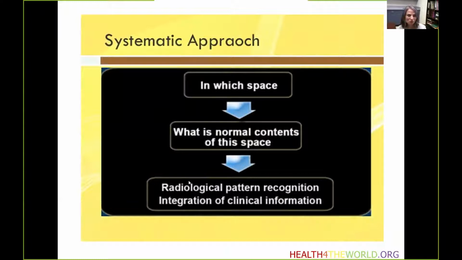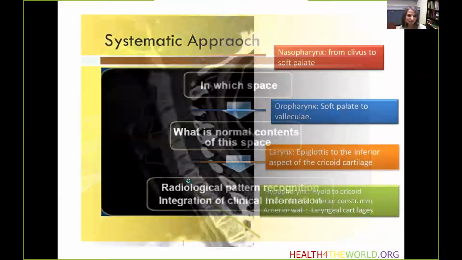Then we have to know what the normal contents of this space are. Based on these two criteria, we can derive a very good differential diagnosis. So a systematic approach is very important: which space, what are the normal contents of the space, and derive a differential diagnosis based on those two criteria.